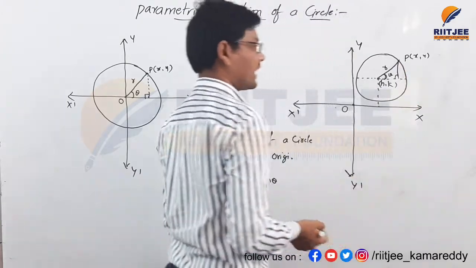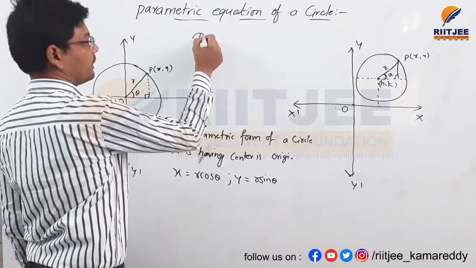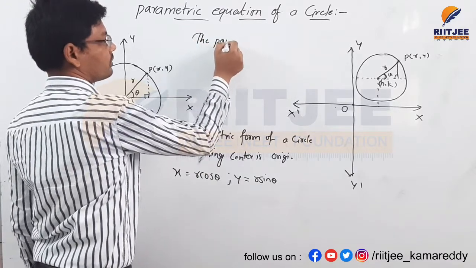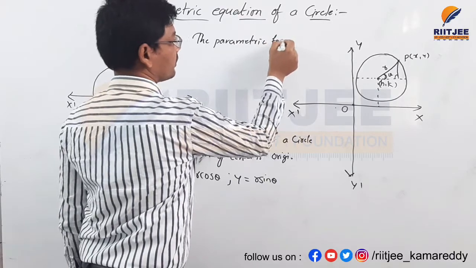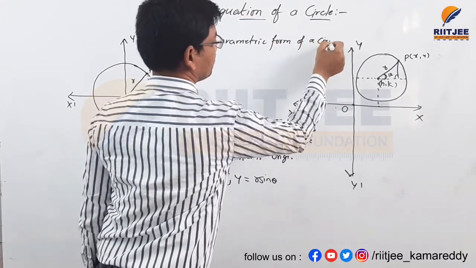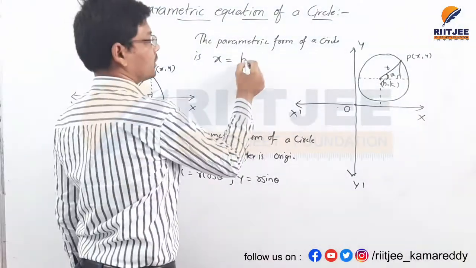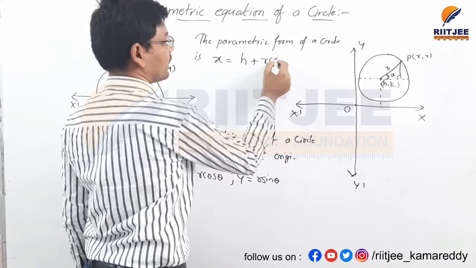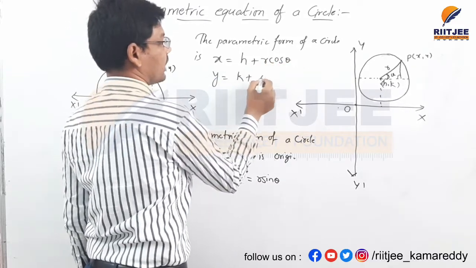This is a right angle triangle, and the parametric form of a circle is x is equal to h plus r cos theta, y is equal to k plus r sin theta.